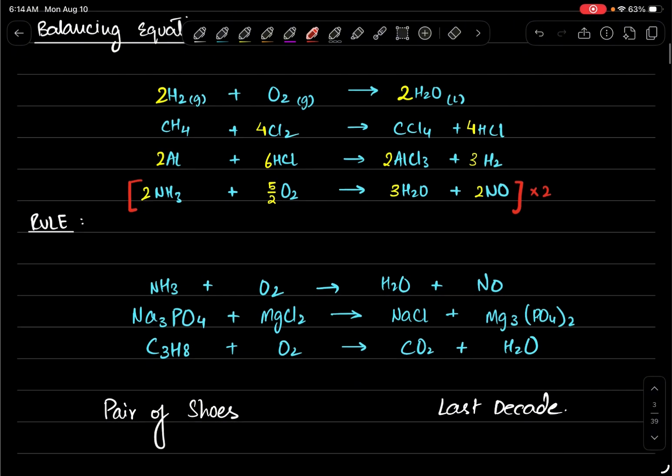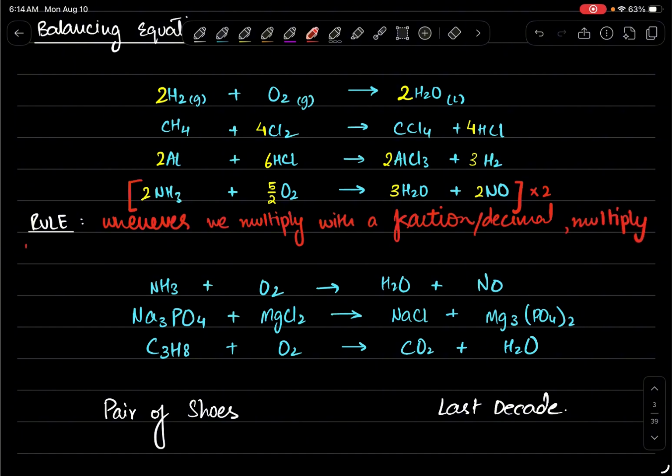The rule says that whenever we multiply with a fraction or decimal, multiply the whole equation by 2. Make sense?